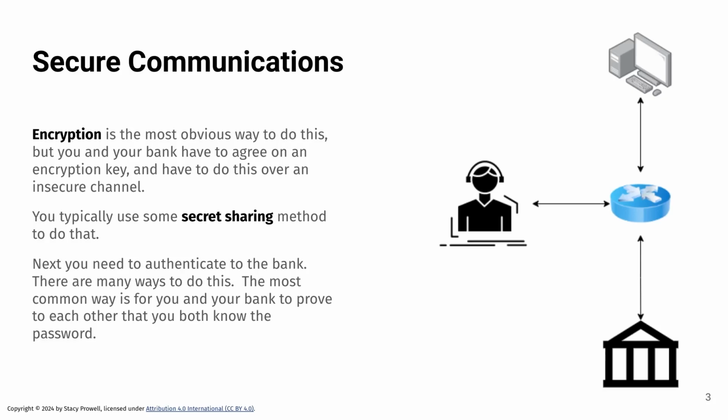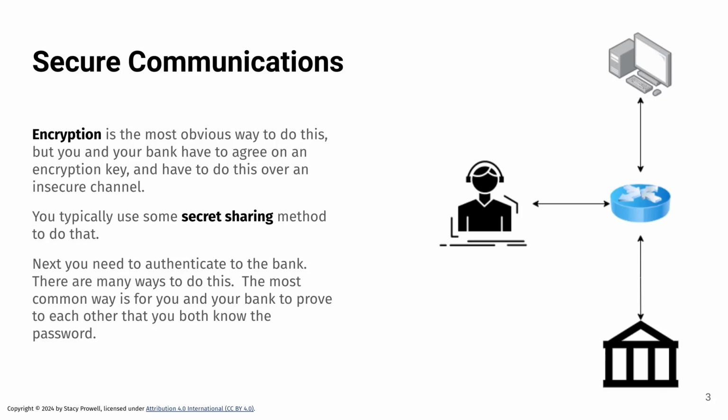And with symmetric keys, we have to agree on that key. So you and I have to agree on what the symmetric key is going to be, and we have to do that over the open internet. So that's a bit of an issue, right? It's a bit of a problem.